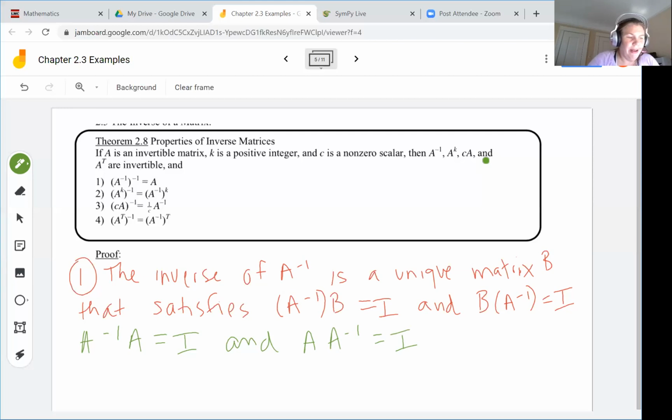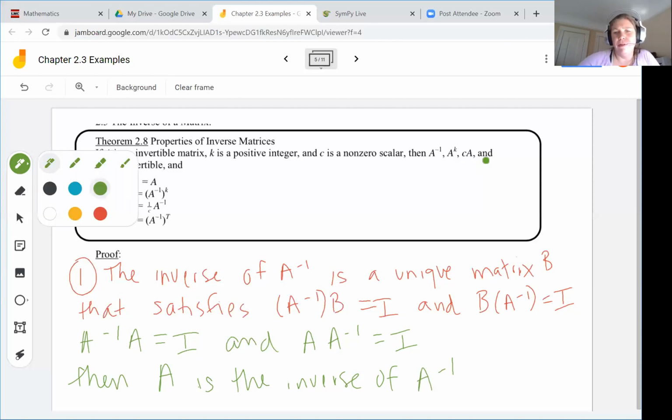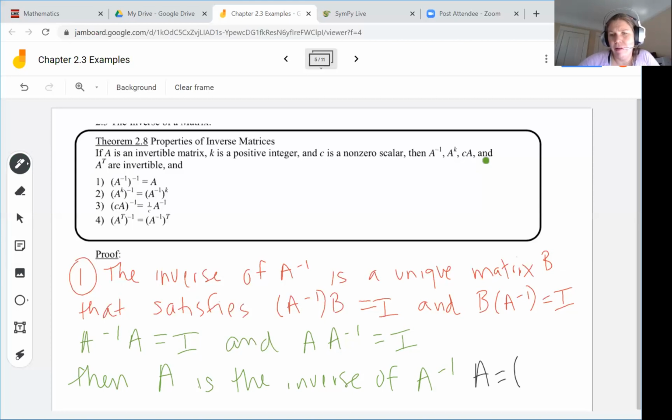So then since A is the inverse that works here, that tells us A is the inverse of A inverse. And this is really proved by the uniqueness of the inverse itself. So you could say, in other words, A equals A inverse inverse, because we only have one inverse matrix.